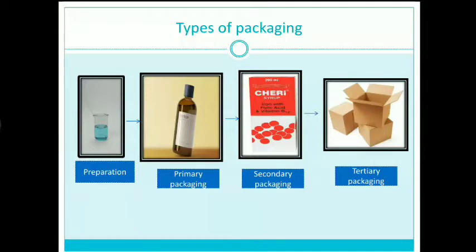Here is the primary packaging: in primary packaging we have selected the glass container. For the protection of this glass container you will require boxes, so we cover it using the secondary packaging, and after that, for transport purposes, we convert this into tertiary packaging.